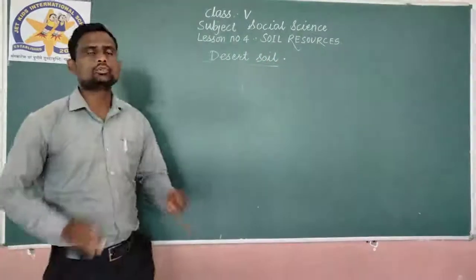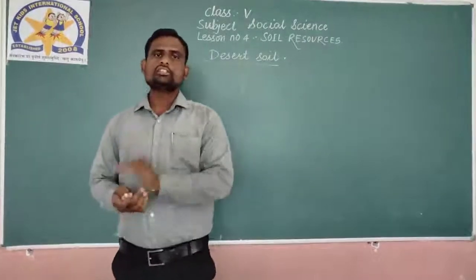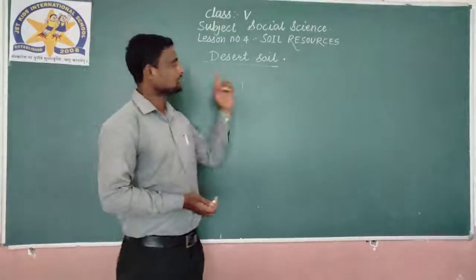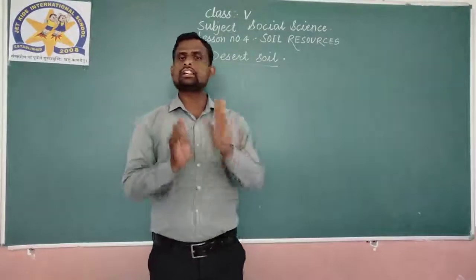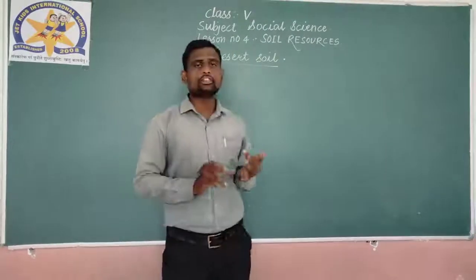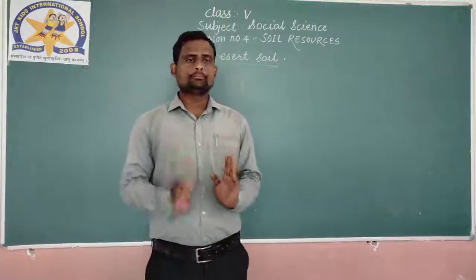Now we have to see the information about desert soil. It is the fifth type of soil. Now listen carefully. Desert soil is light brown in color. What is the color of desert soil? Desert soil is light brown in color.